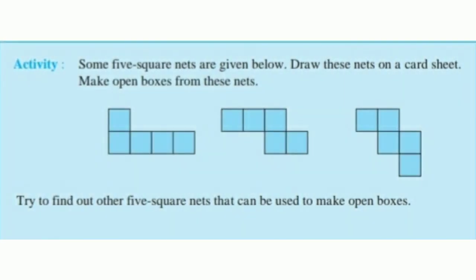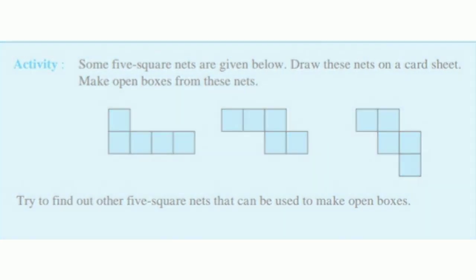Kindly note, by folding along the edges of such a 5 square net, an open box is formed. They have also provided you with some 5 square nets in the textbook. Drawing these nets on a card sheet, you are expected to make open boxes from these nets. Try doing it by yourself.